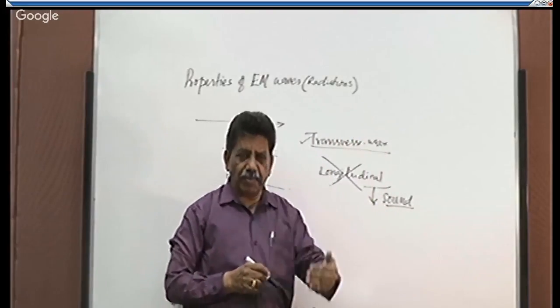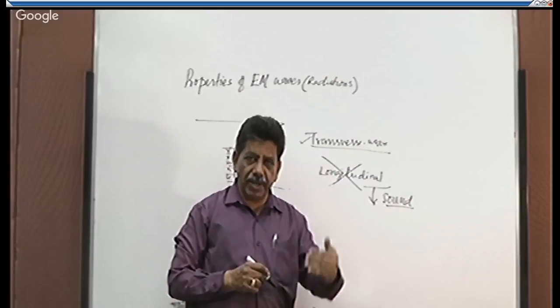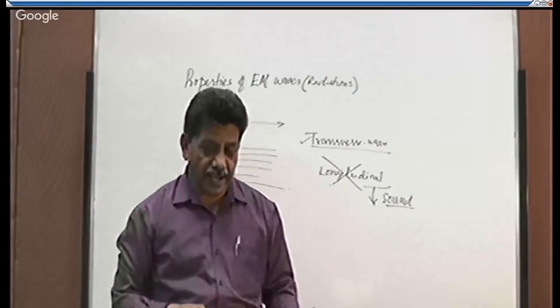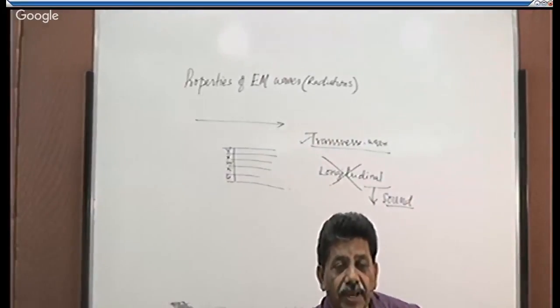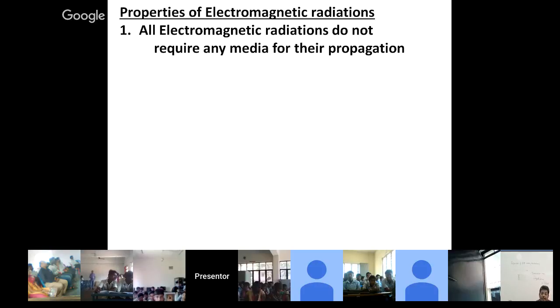Now let me summarize them. Let me give them one by one and explain then and there. So, properties of electromagnetic radiation. Number one, all electromagnetic radiations do not require a material medium for their propagation. In other words, they are non-mechanical waves.